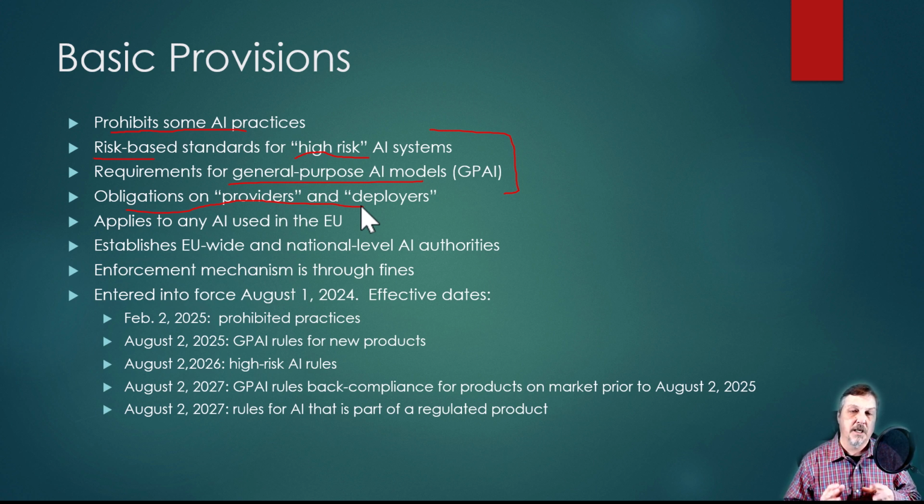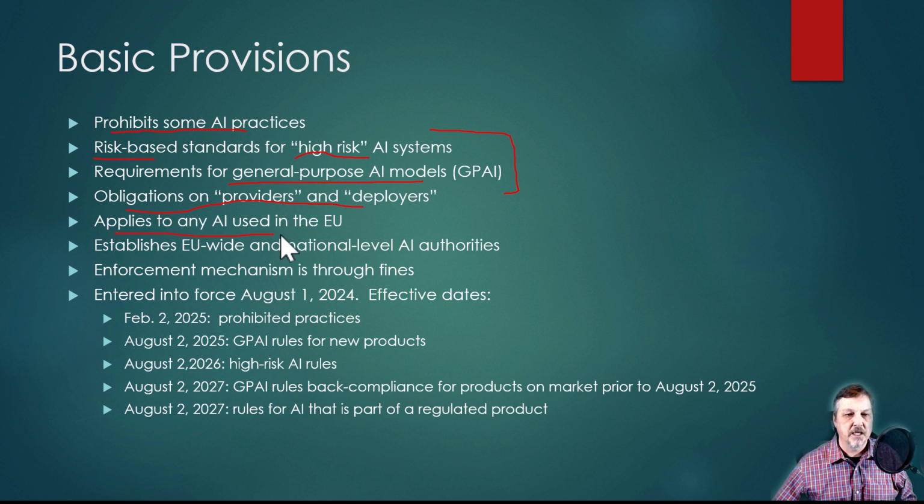GDPR puts obligations on data controllers, the person who's collecting the data, and then data processors, the person or entity who's actually doing something with that data. And of course, a controller and processor can be the same entity. Similarly, under the AI Act, a provider and deployer can be the same entity, but just note that it's really regulation throughout the chain of distribution.